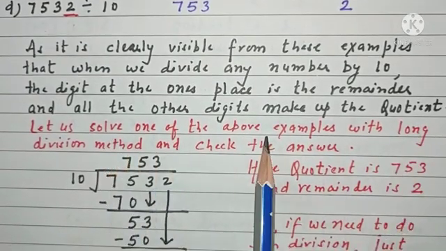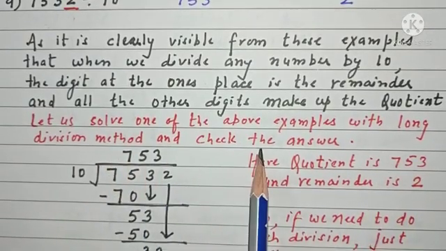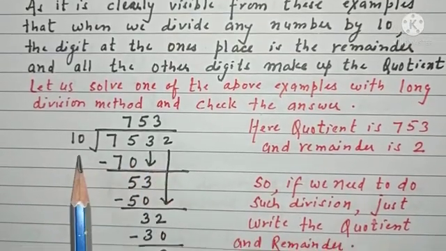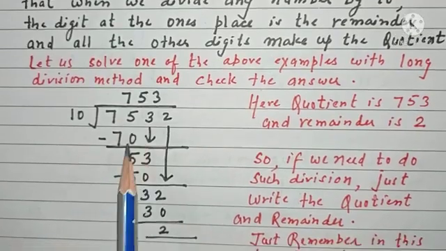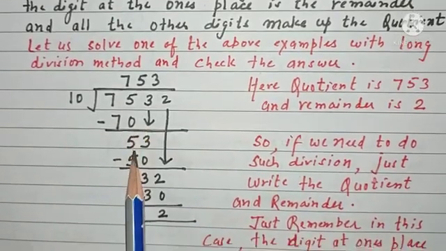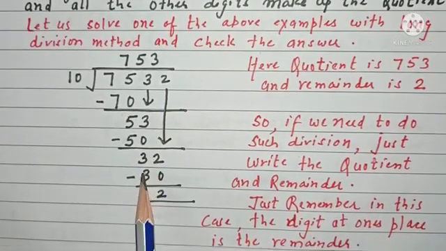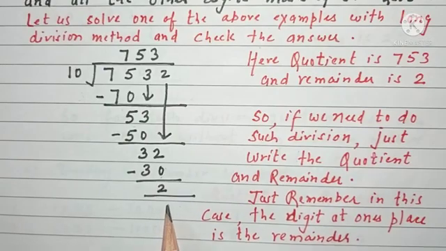Let us solve one of the above examples with long division method and check the answer. For example, 7532 is to be divided by 10. So when it is divided by 10, 10 sevens are 70, 5 minus 0 is 5, putting 3 down, 10 fives are 50, 3 minus 0 is 3, putting 2 down, 10 threes are 30 and the remainder is 2.